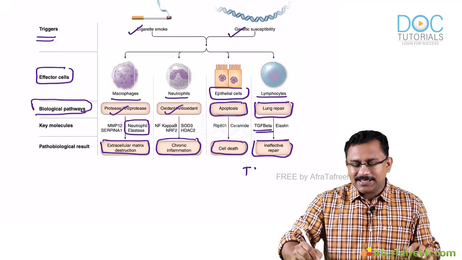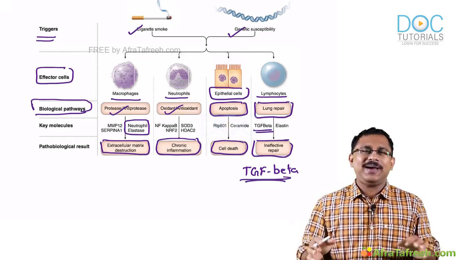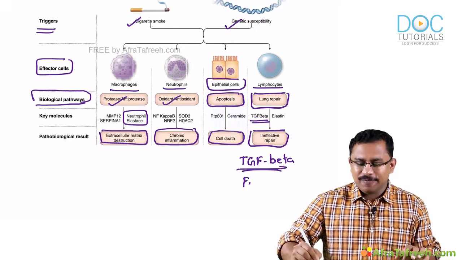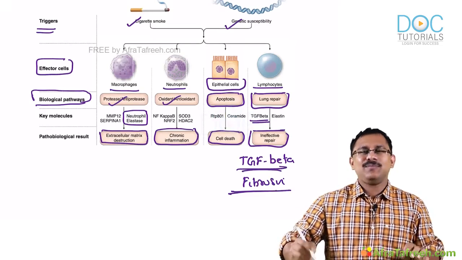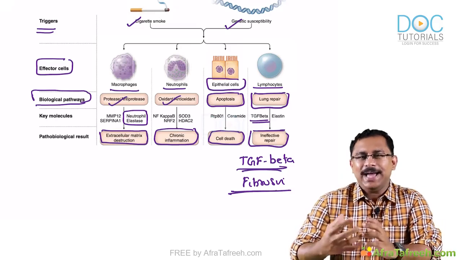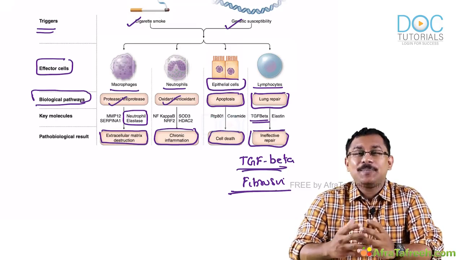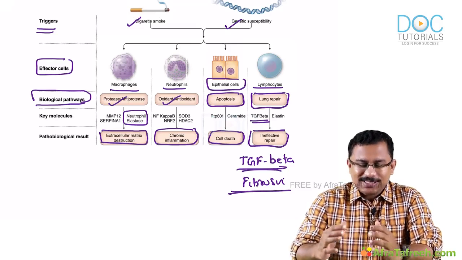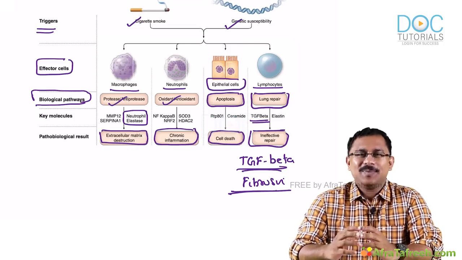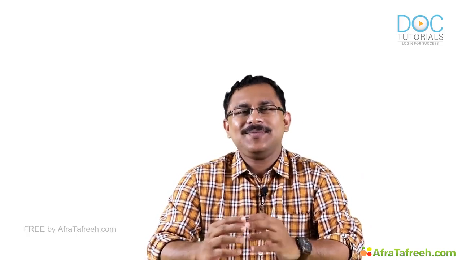There is a release of cytokines like TGF-beta, which attempt to repair, but there may be a bit of fibrosis setting in. So all in all, it is a destructive process happening by virtue of chronic inflammation, and there is an ineffective repair process also. So this is what happens in your emphysema. A similar pathogenic mechanism happens in chronic bronchitis as well, but there is a slight difference in the end results, which I will discuss later.